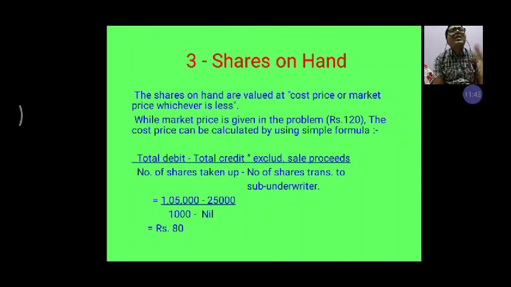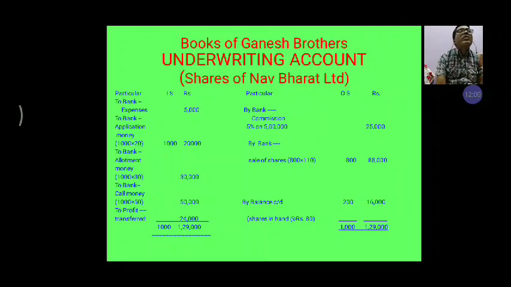And the market price is given, 120. Whichever is less: market price 120, cost price 80. 80 is less, cost price is less. So which price is taken? Whichever price is less is taken. Cost price is less, so here shares in hand are at the rate of rupees 80. 200 is the balance of shares, and we take 200 into 80, that is 16,000.